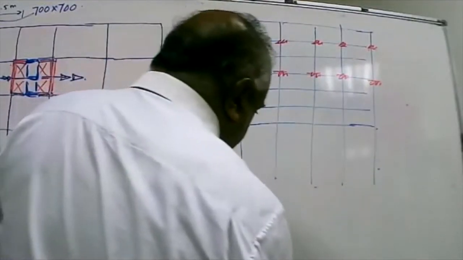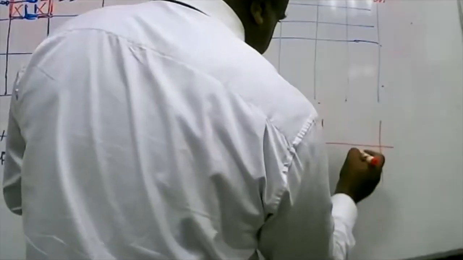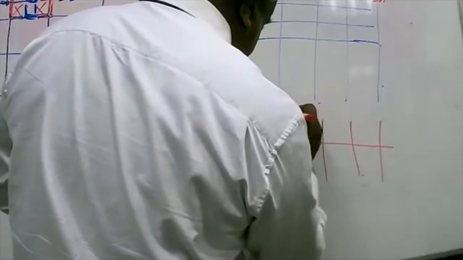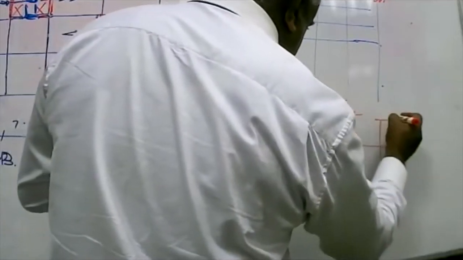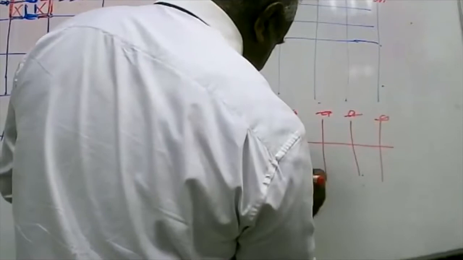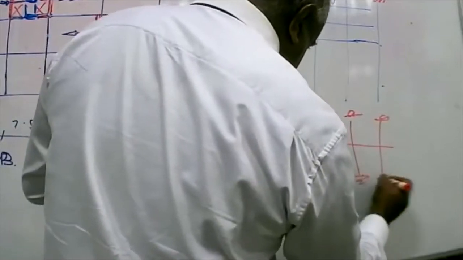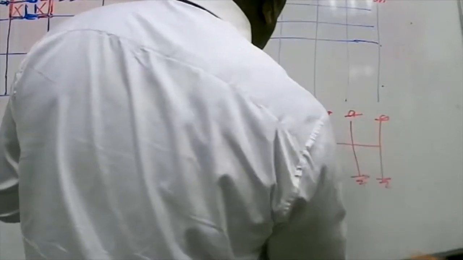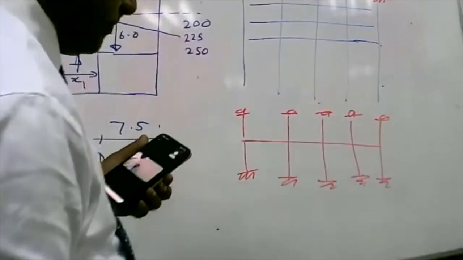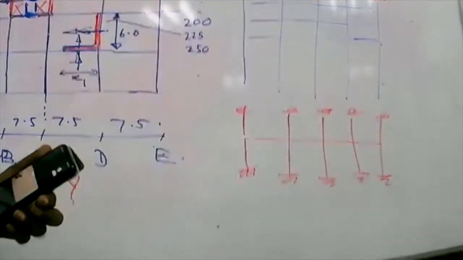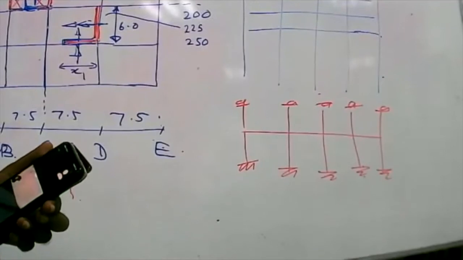So the simplified subframe will look like this, so I can go for pattern loading.